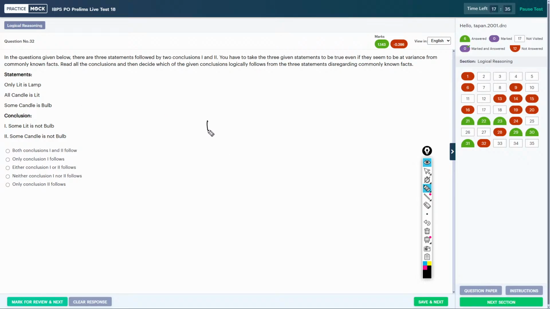Only lit is lamp. All candle, lit, some candle, bulb. Some lit is not bulb. Some lit is not bulb. Some candle is not bulb.